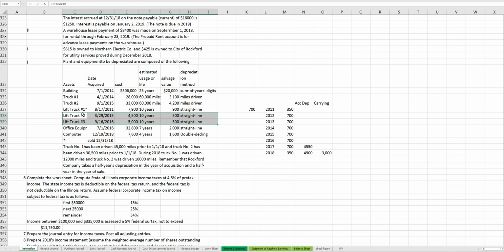So we're going to use the double declining balance method, calculate the first year depreciation and divide it by 2. That will be my computer's depreciation expense reported in 2018.